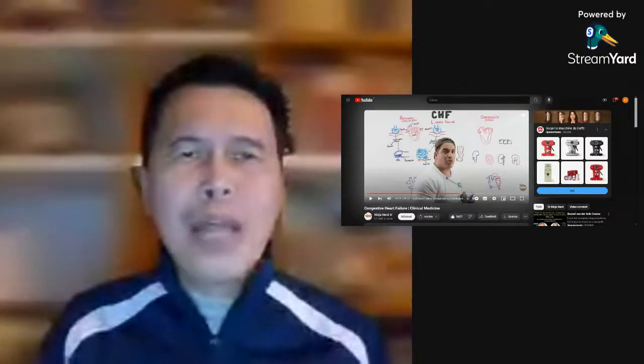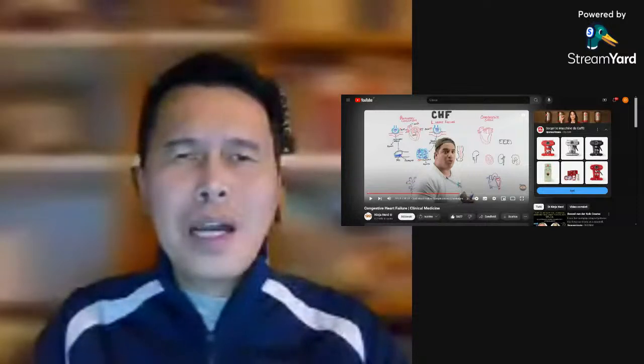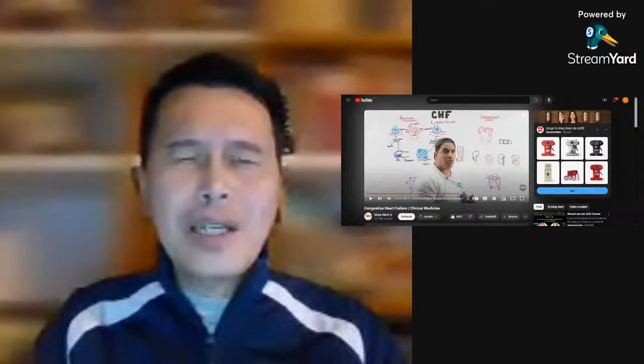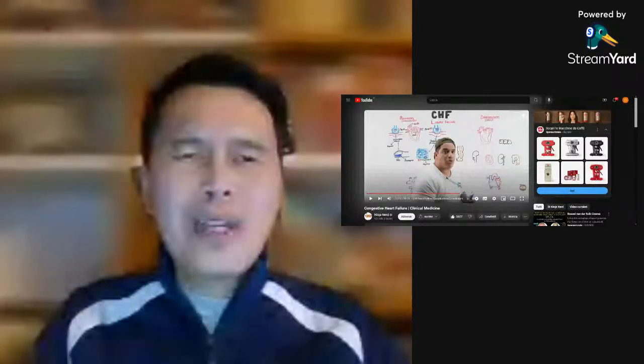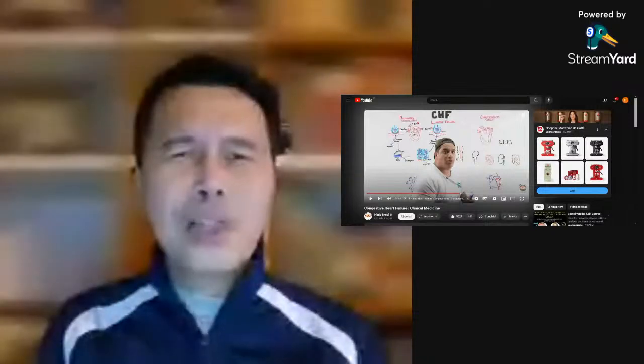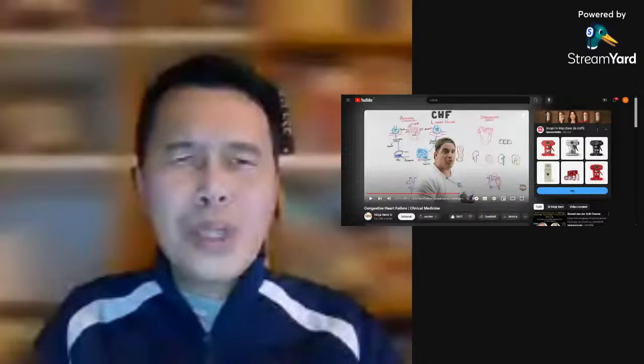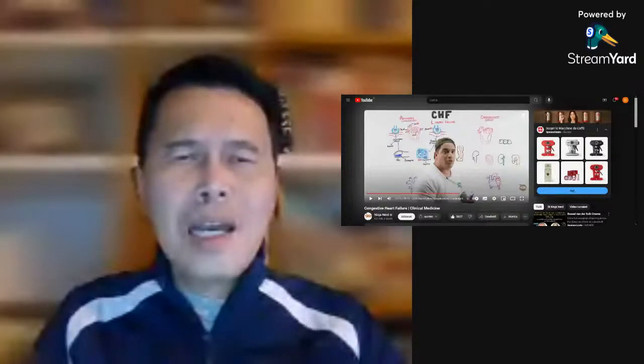So, very simple and concise illustrations, and then using very simple terms, although nandoon din yung mga medical terms, pero for a simple person like me, having this dilated cardiomyopathy, so as a patient having a heart failure, I could easily understand.